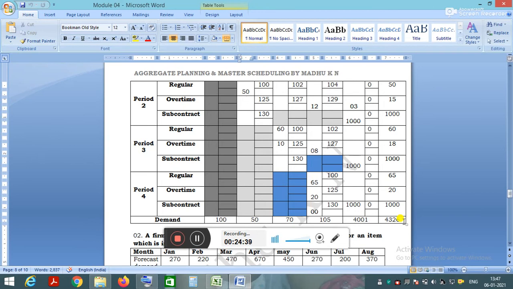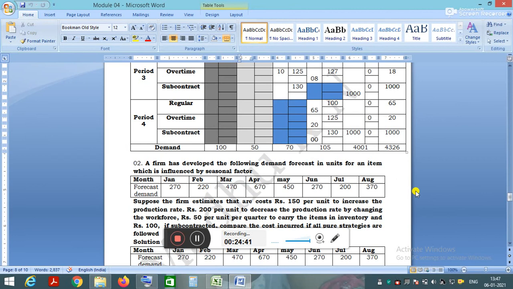The next problem is: a firm has developed the following demand forecast in units for an item which is influenced by seasonal factors.